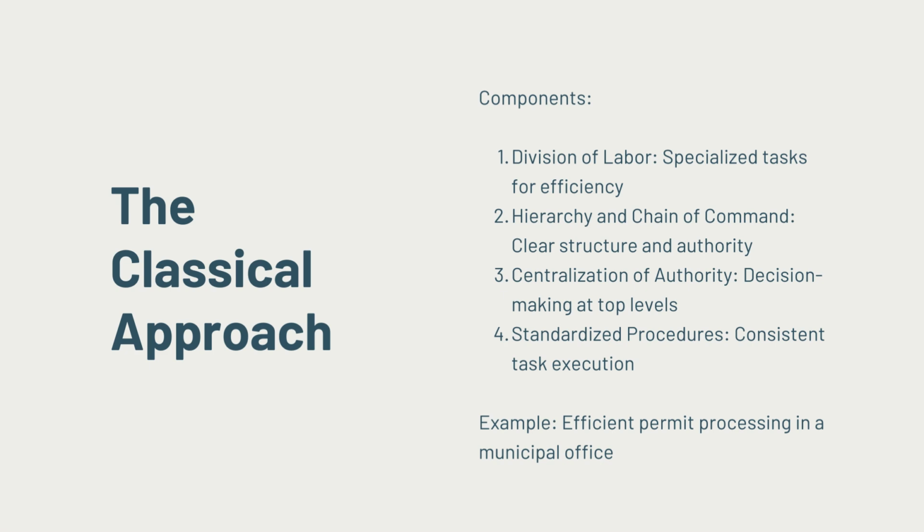So, a city clerk's office, for example, might have standardized procedures for issuing marriage licenses and other types of certifications. These procedures ensure that all applicants go through the same steps, thereby providing a good amount of consistency and fairness when catering to the different clients of the office.